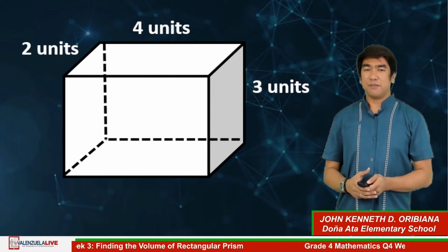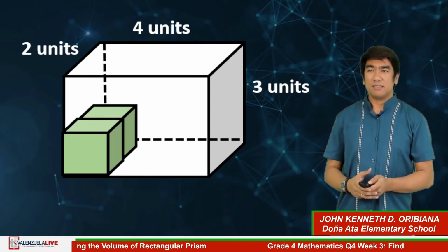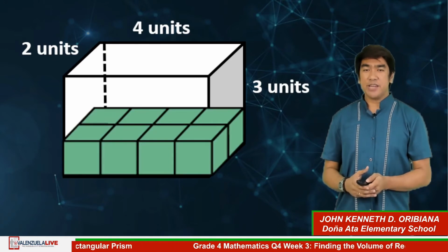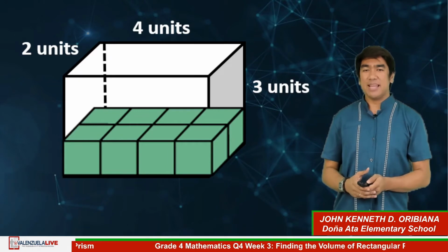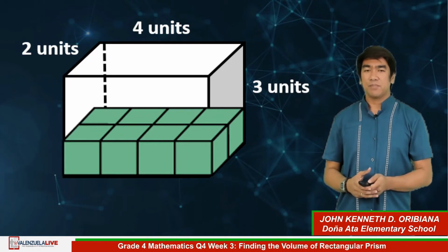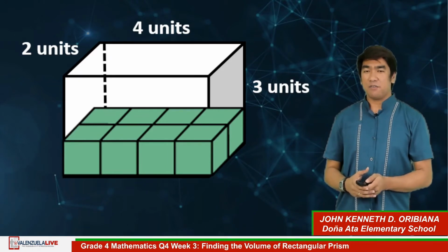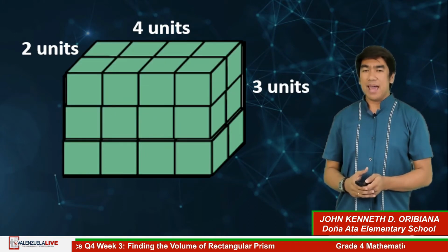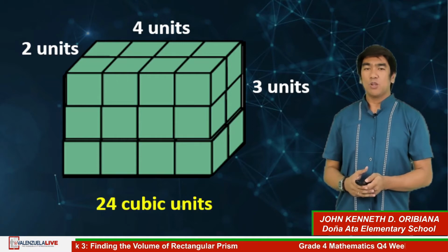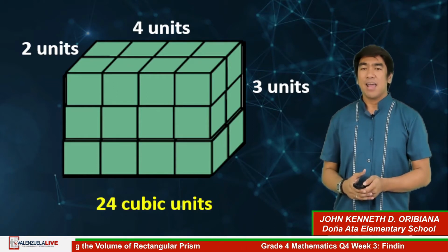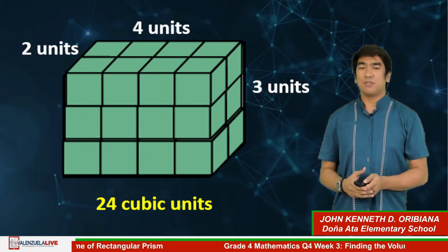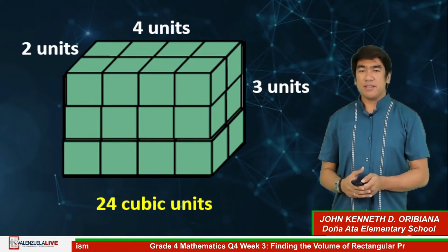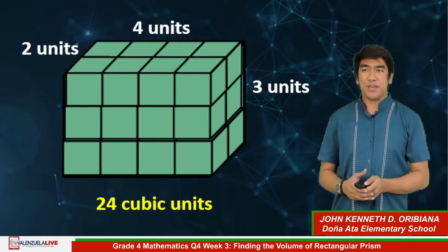As you can see, the first layer has 8 unit cubes, obtained by multiplying the length and the width. Since there are 3 layers of 8 unit cubes, we multiply 8 by 3, and we will have a total of 24 unit cubes. This rectangular prism has 24 cubic units. This 24 cubic units is the volume of this figure.